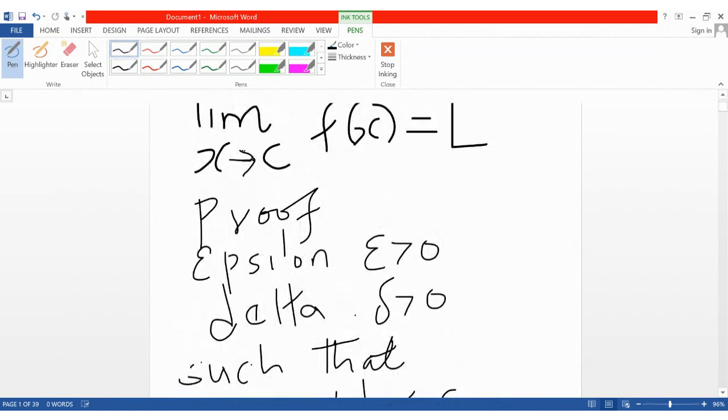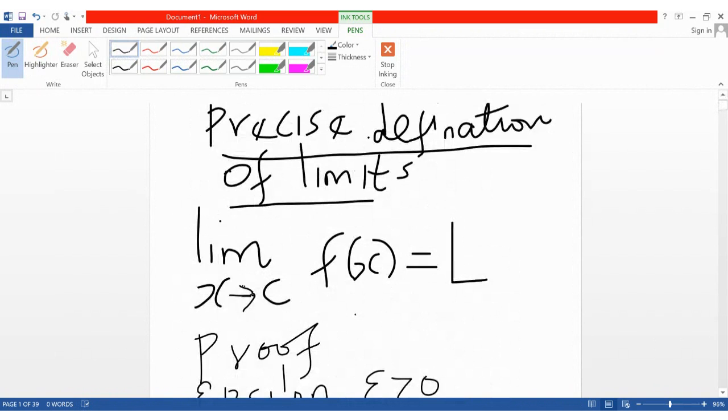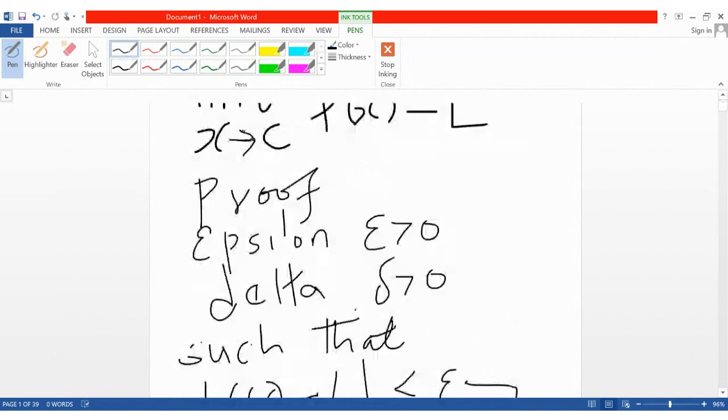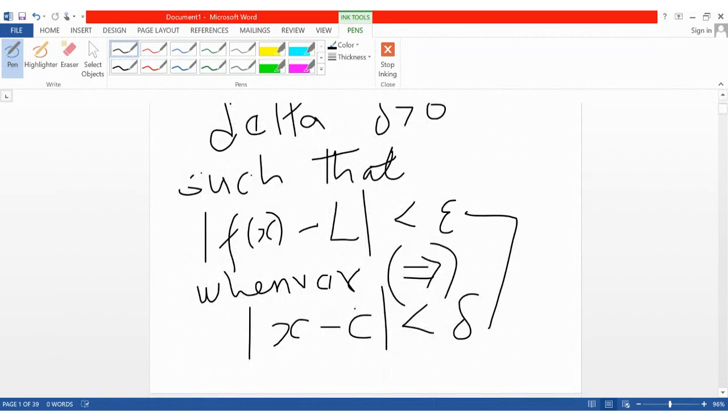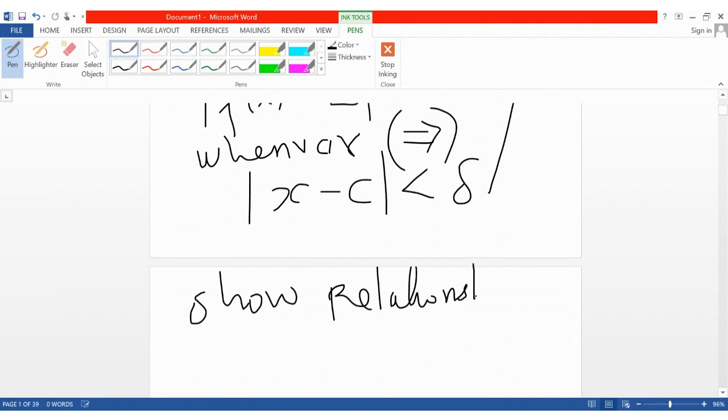L is the answer that you are getting, and you have f of x. Everything you'll always be given: your f of x is there, your L is there, your x and your c. Now you just need to show a relationship. So what is our main goal? Show a relationship between epsilon and delta. If you can show that relationship, then you are okay.